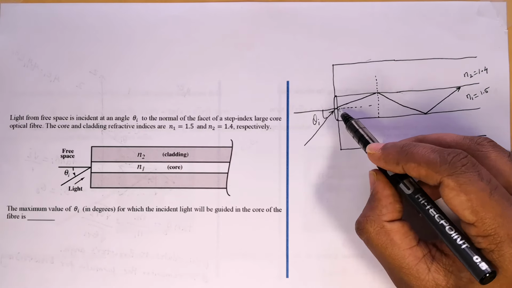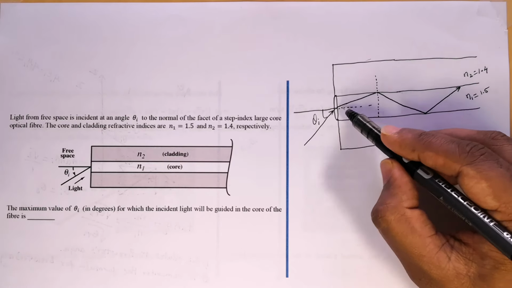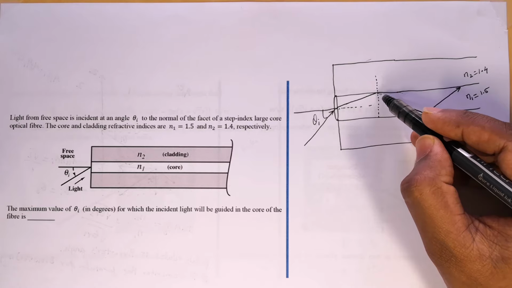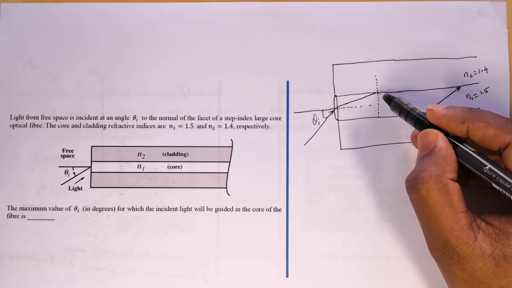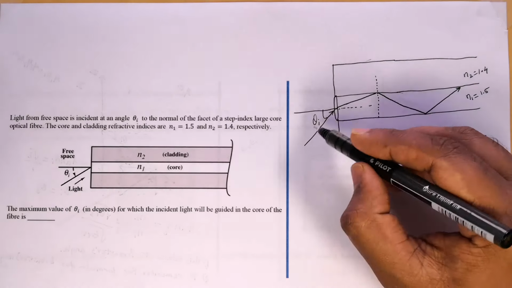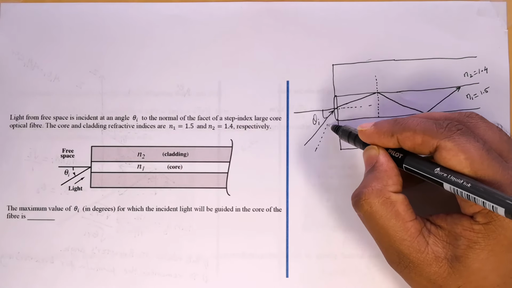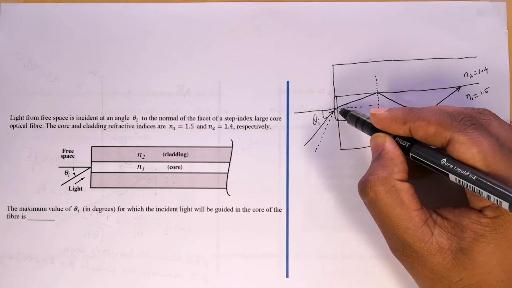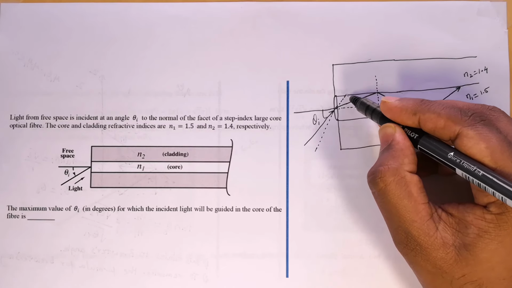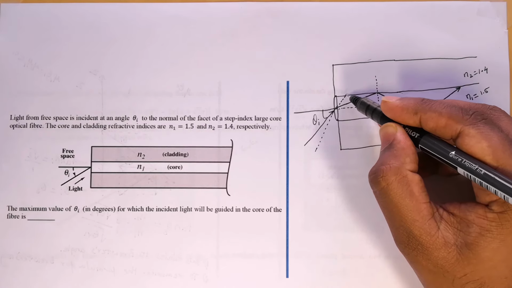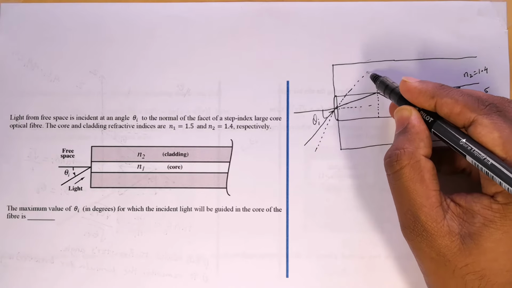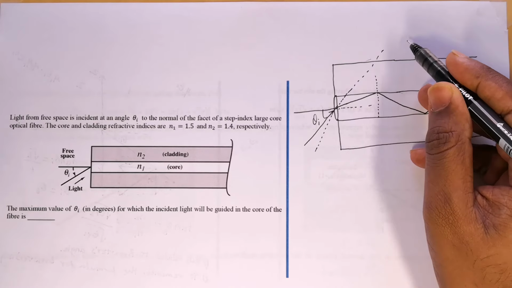If the light hits below the critical angle, it is refracted and lost, so it is not guided anymore.